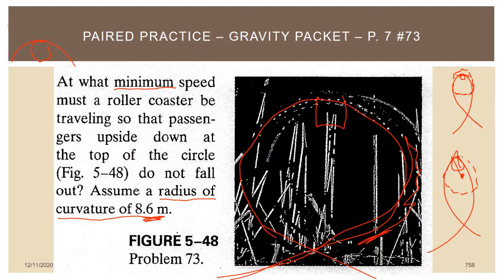To solve this problem, as I hope the notes made clear from the beginning of this video, we're going to need to draw a free body diagram. So let's go ahead and do that now. Notice they say at the very beginning of this problem that this object is in a roller coaster car at the top of a loop.